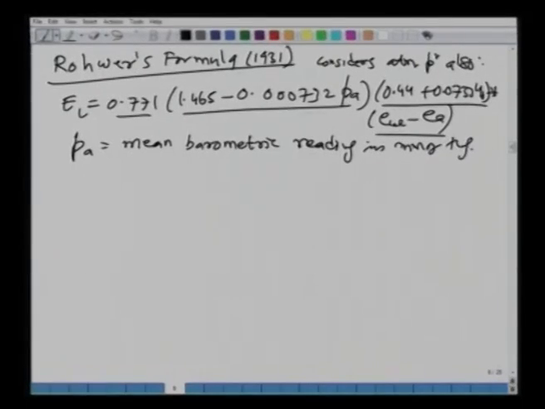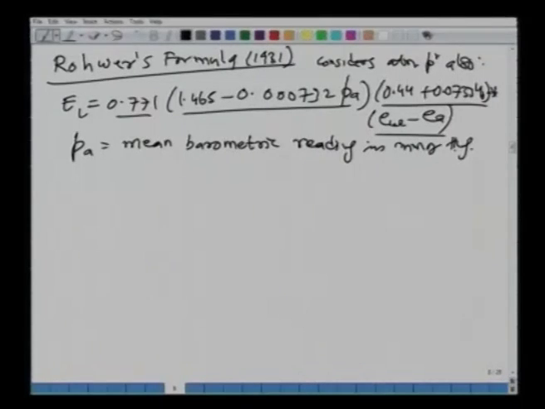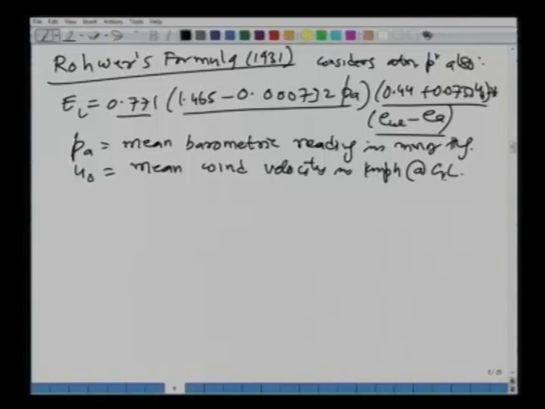You see that these empirical equations are designed in such a way that they are very easy to use. So, you can have a barometer, it will give you a reading of pressure in millimeters of mercury, you can directly use it in this equation. So, that is the purpose, and then U 0 in this equation is the mean wind velocity in kilometers per hour at the ground level, which is actually taken at 0.6 meter above GL.